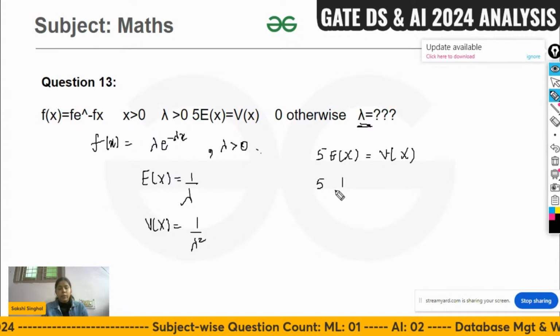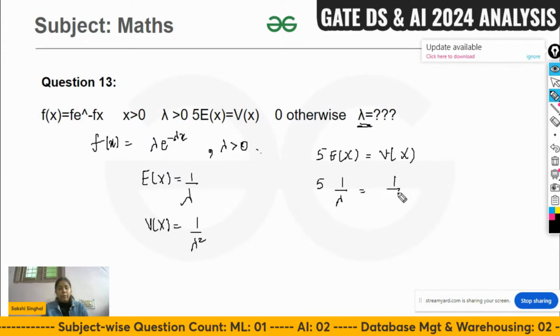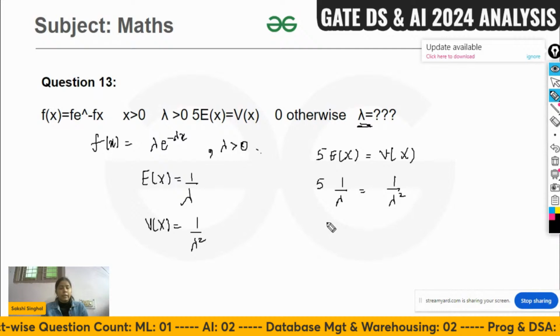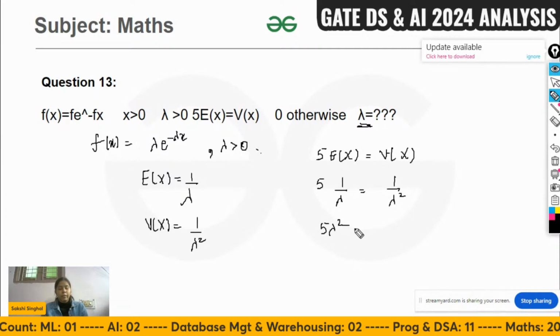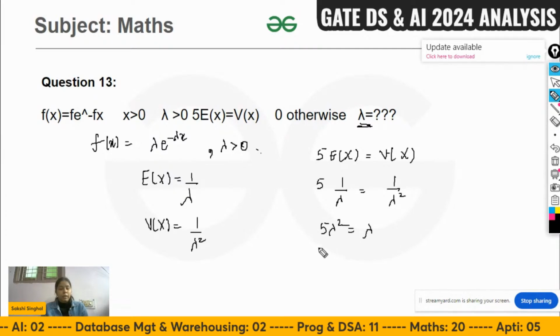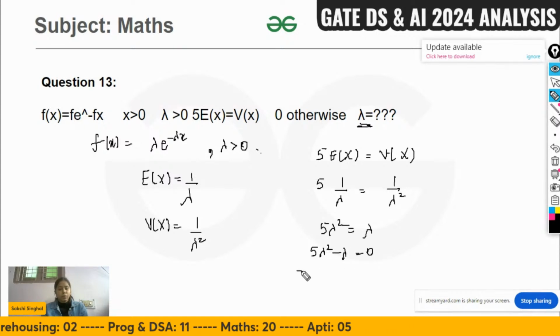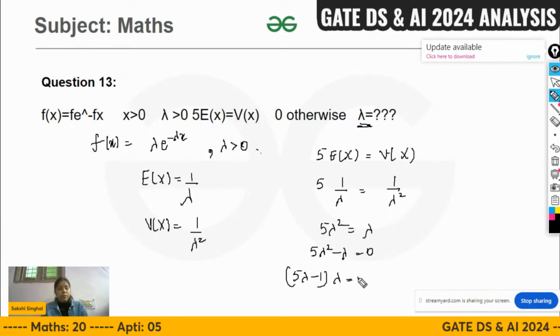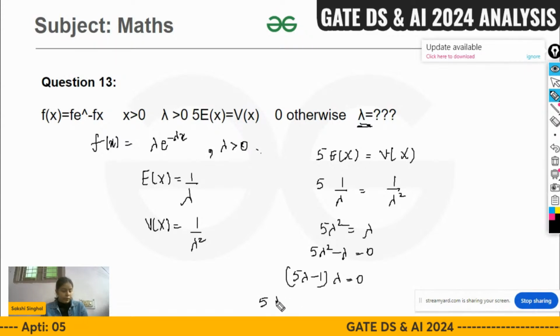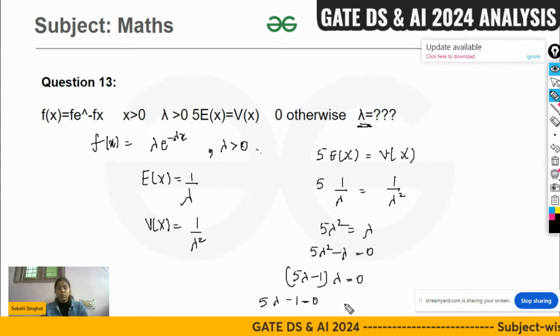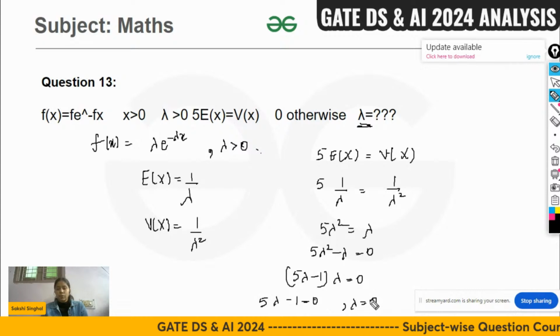So if I put the values here, 1 by lambda and 1 by lambda square, I'll get 5 lambda square is equal to lambda. So can I write this as 5 lambda square minus lambda is equal to 0? So I can write 5 lambda minus 1 and lambda. So here are two possibilities. Either 5 lambda minus 1 is equal to 0 or lambda is equal to 0, right?